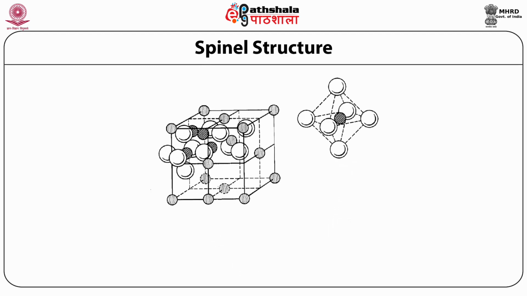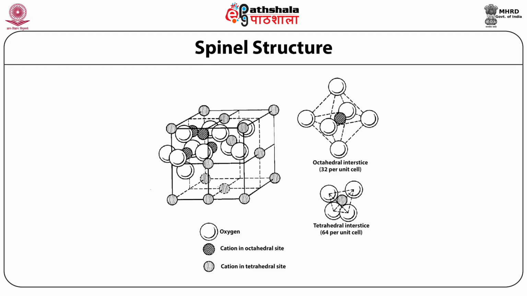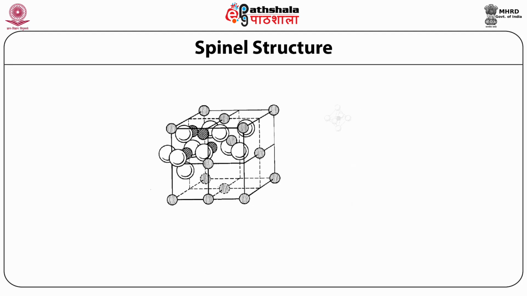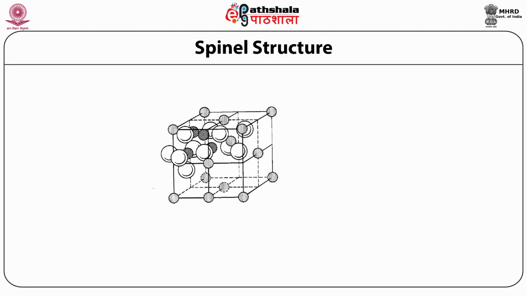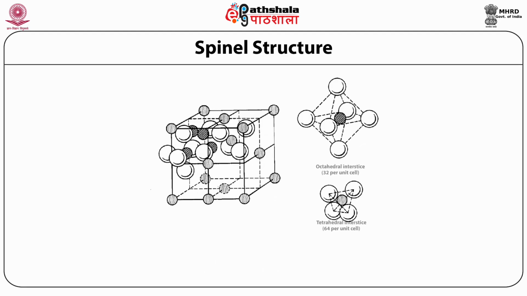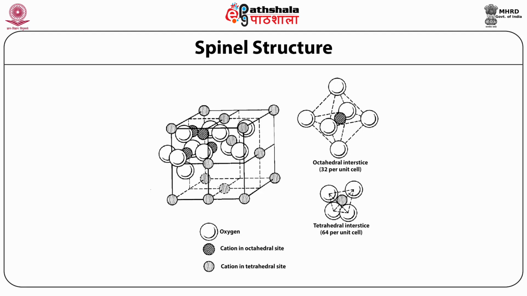As you can see, there are 32 octahedral interstices per unit cell, as compared to 64 tetrahedral interstices per unit cell.